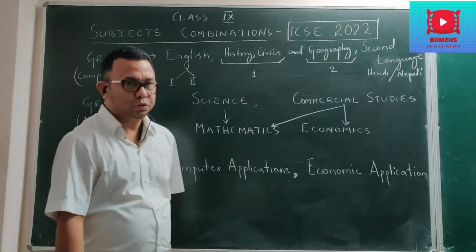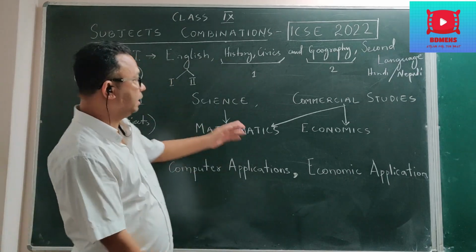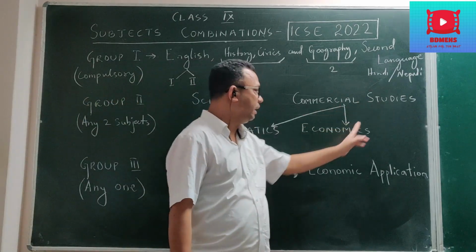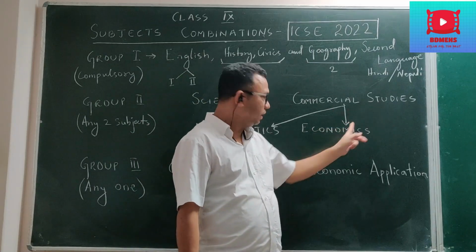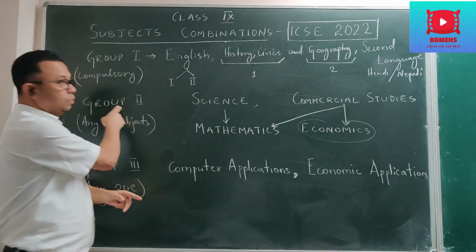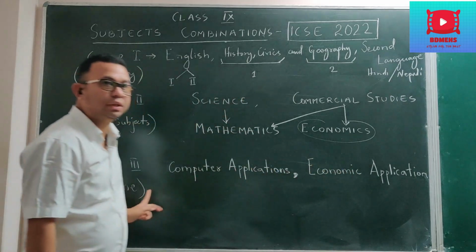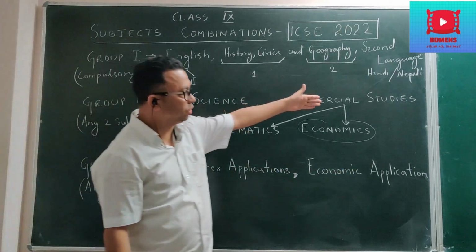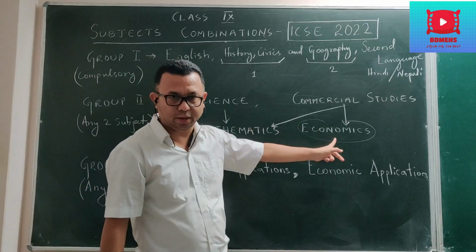But I should tell you that suppose if one student has selected commercial studies and economics, if he has taken economics in group 2, then he cannot take economic application in group 3. So that means a commerce student, if you are not taking maths, means you are taking economics.